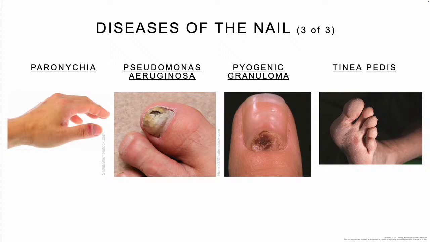And then the very last one, this is the most common disorder you will see in the nail salon. And if you're not very knowledgeable of these disorders, you will just think that the client has dry skin. But what is tinea pedis? Athlete's foot.